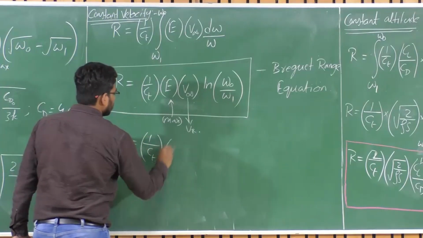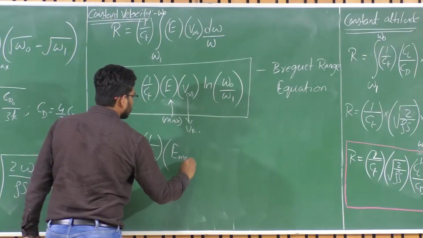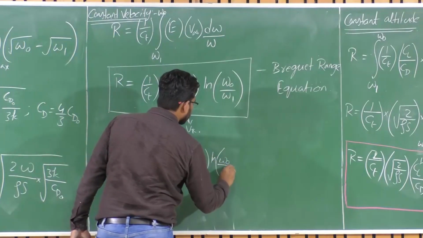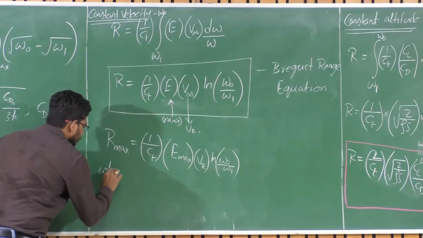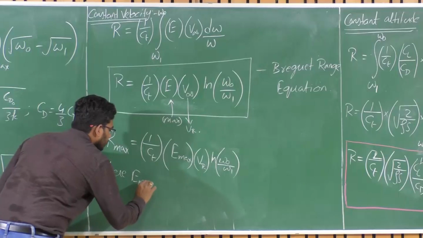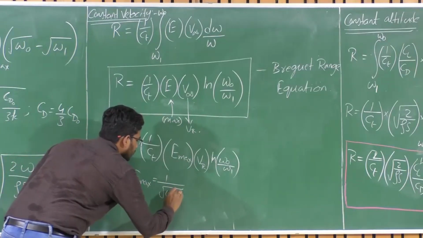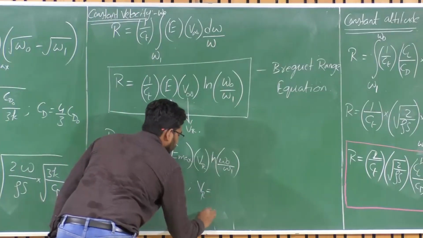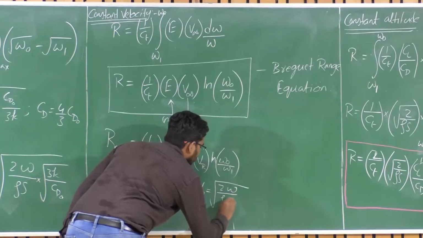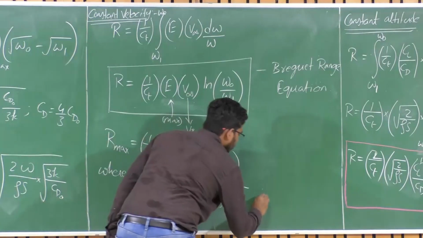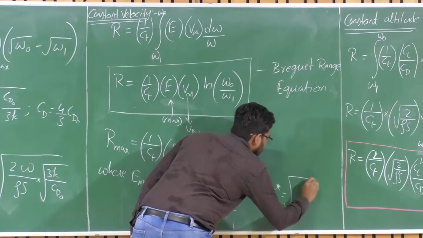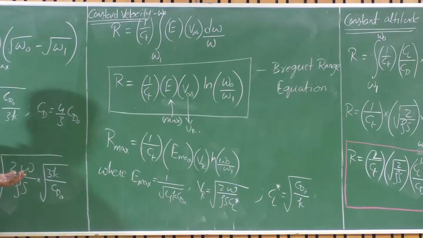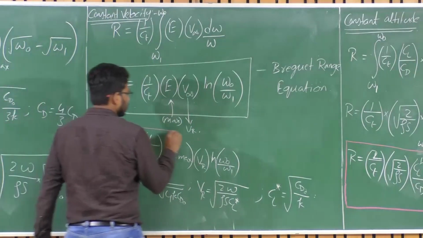So Emax times VR times ln of W naught upon W1, where Emax is 1 upon root over 4K CD naught, L by D max, and VR is root over 2W upon rho S times CL star, and CL star is root over CD naught upon K. So this is the corresponding maximum range, Breguet range equation.